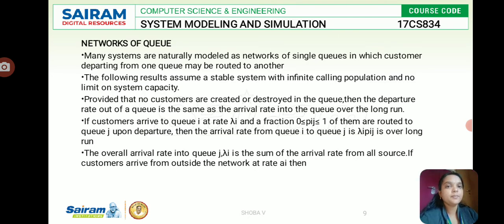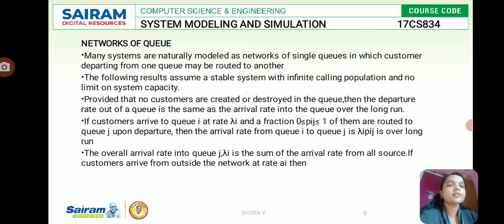Now we will see the networks of queues. Many systems are naturally modeled as networks of single queues in which a customer departing from one queue may be routed to another. This is why we are using networks of queues, because we need to find out the restricted information, like the maximum size, the minimum size, the unlimited capacity, and how much it is applicable to whom.